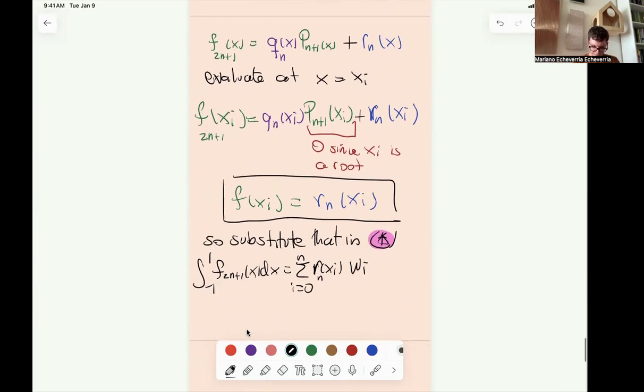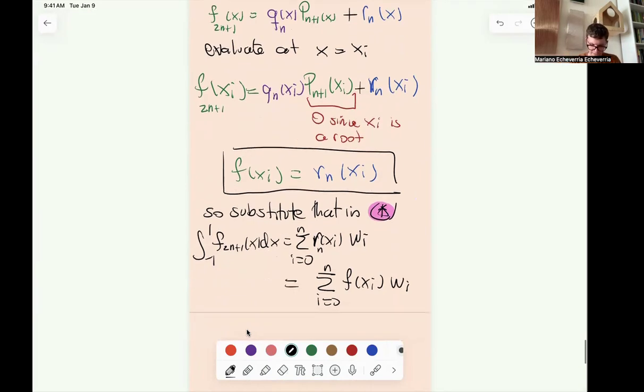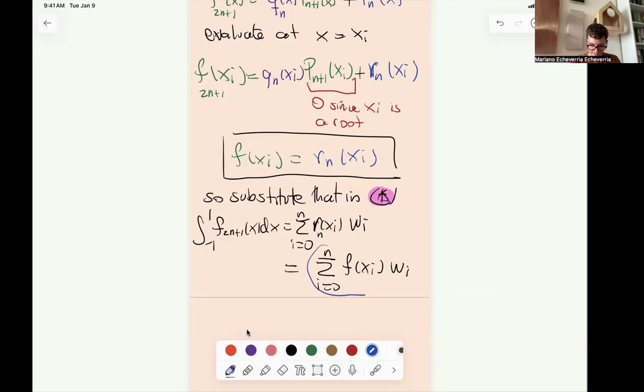But because of what we just found, that is the same as the sum from i equals 0 to n of f of x_i times the weight. And that is precisely the Gauss Legendre approximation. That is how you would approximate the value of the integral. So this is the Gauss Legendre approximation.